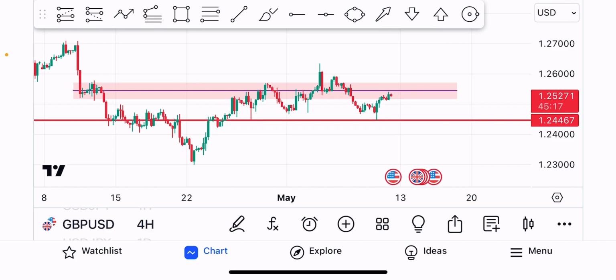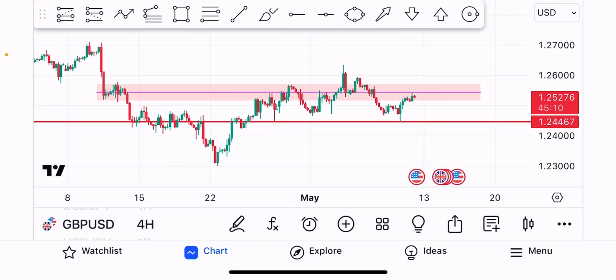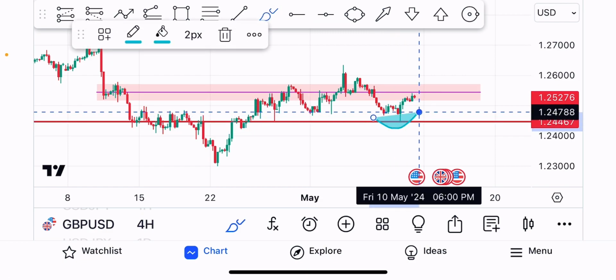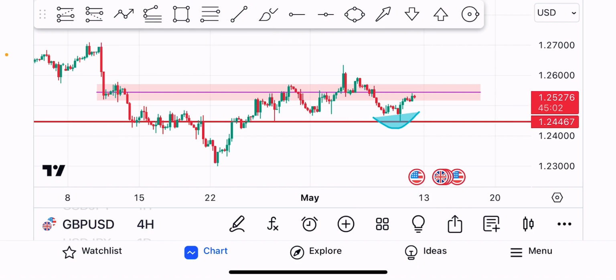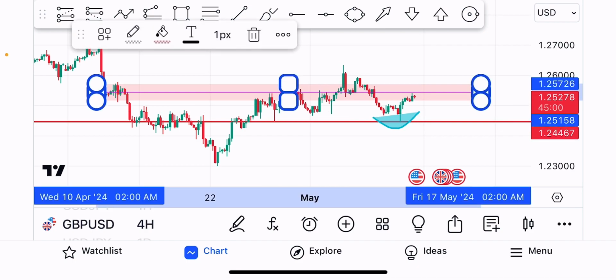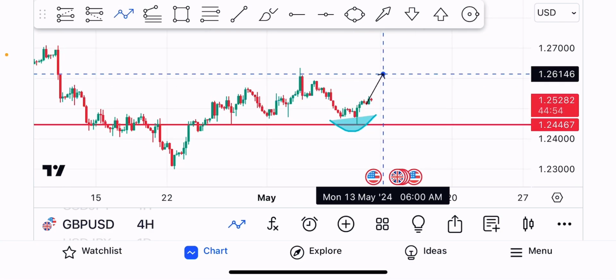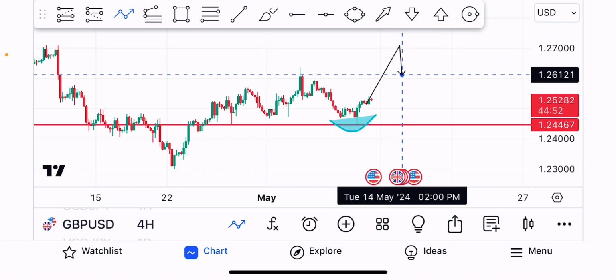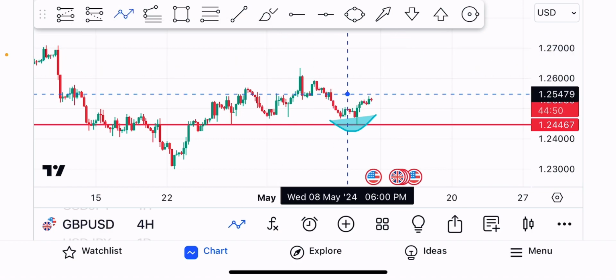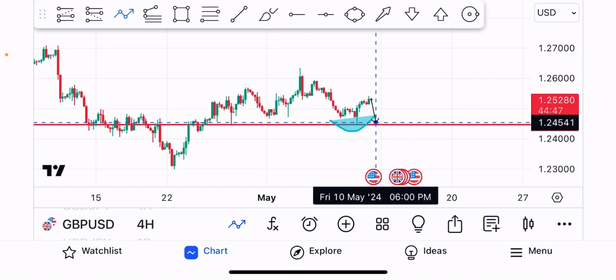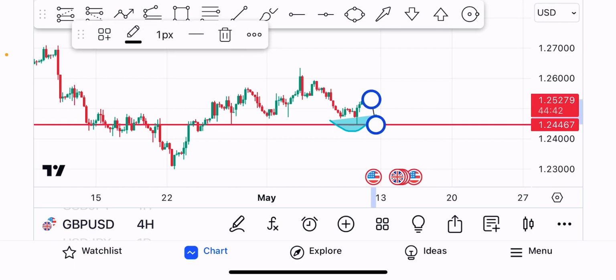But for now, with price currently trading at 1.25276, we need to monitor more price action development before we make a trading decision, since we've already had a bullish rebound in the H4 time frame from the price line of 1.24467. So the idea now is to see whether this rebound will keep moving higher, maybe to this resistance before we get a fall, or whether we are going to get an instant fall from the current market price back to the rebound zone before we will know what the market would likely do.